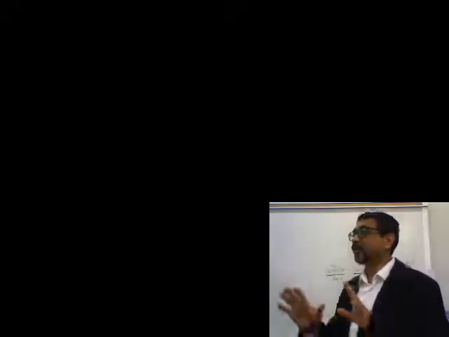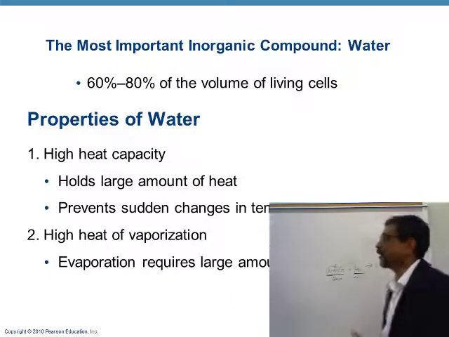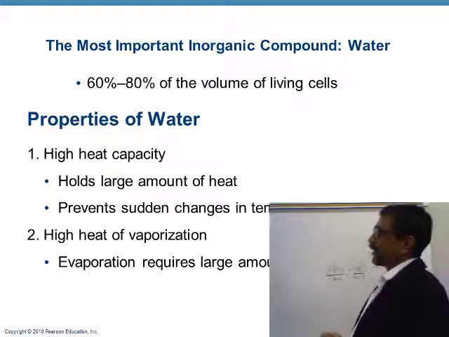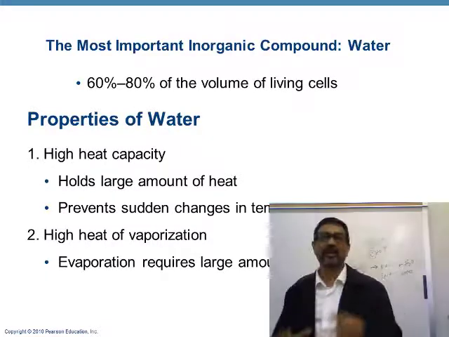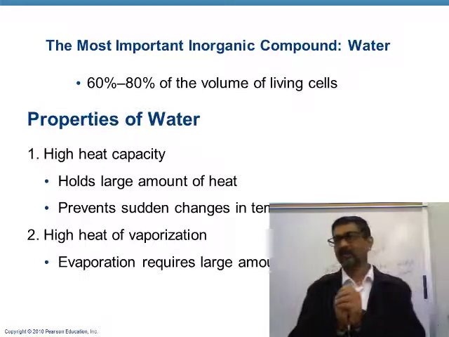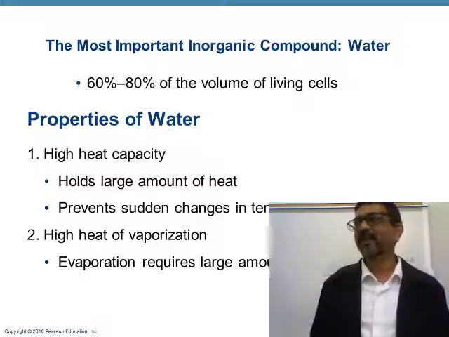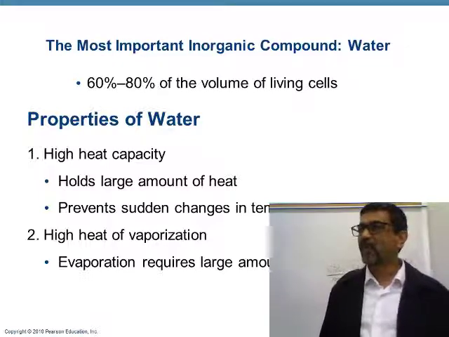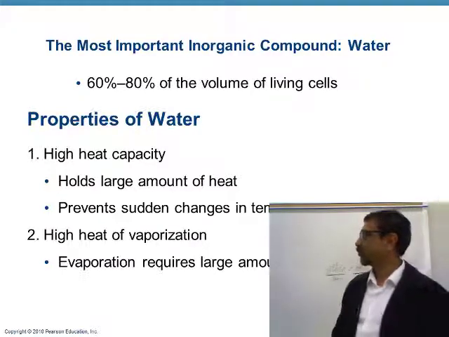Since water is the most abundant chemical in your body, we need to know the properties of water. Okay, if you see a living cell, about 60 to 80% of its volume is water. So you see, your body consists of hundreds of billions of cells, and all those cells are mostly water. So the human body is mostly formed by water.